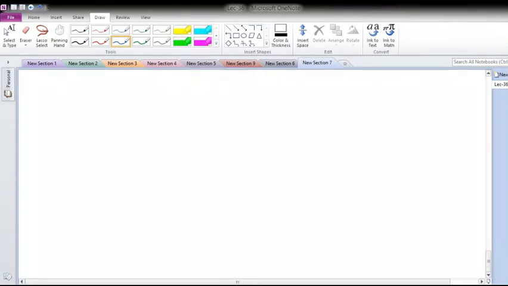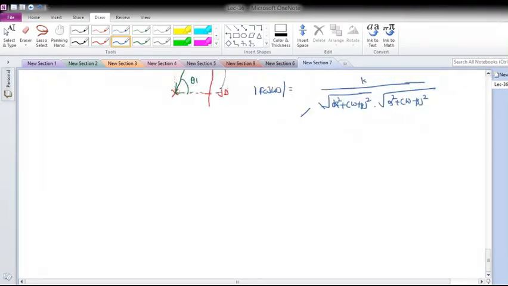Now before differentiating, let me remove the square root by taking the square of it, which will be K square over alpha square plus omega plus beta square into alpha square plus omega minus beta square, in multiplication form.